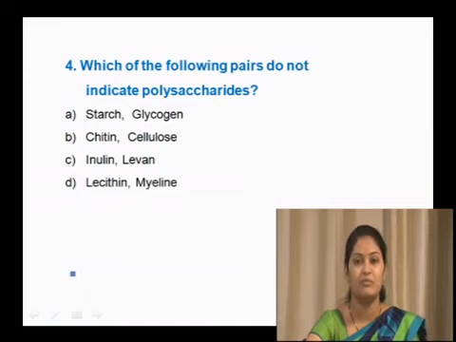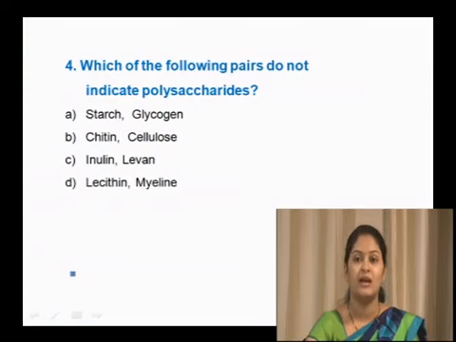So chitin can be found either in mycota or in insects, and cellulose is the cell wall material of plant. Third one is inulin and levan. These are the polysaccharides derived from fructose. Last option, lecithin and myelin, these are not polysaccharides at all.